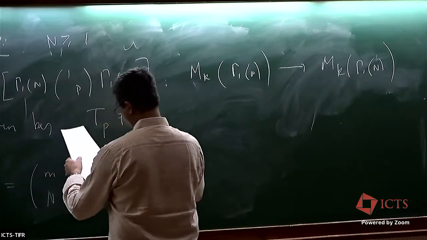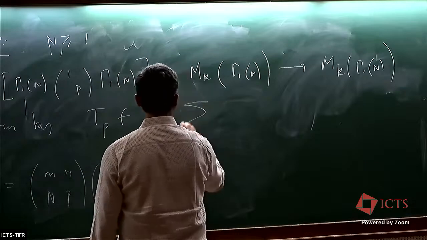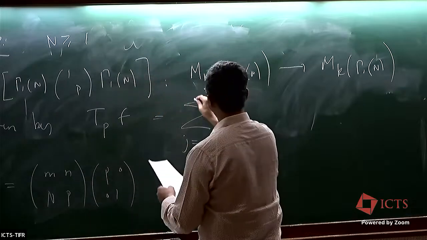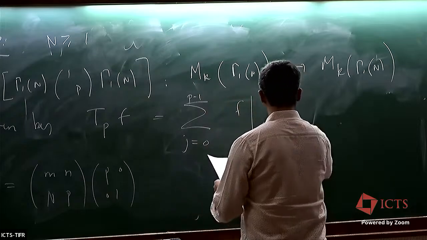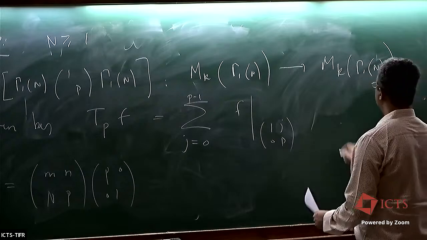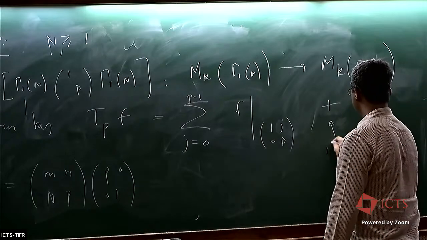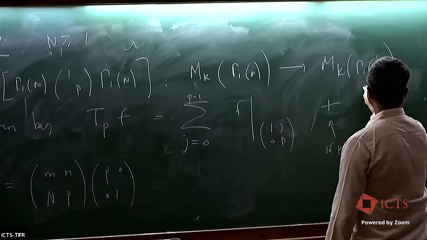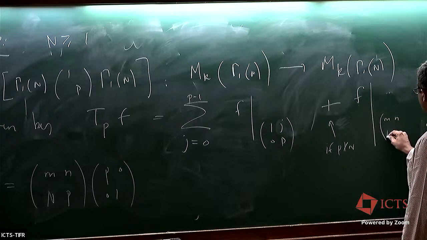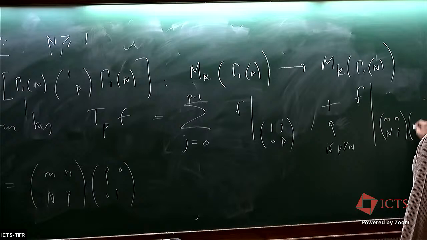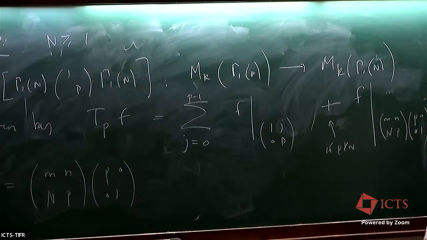TP of f is equal to the sum from j equals 0 to p minus 1 of f slash 1j0p, right? We just slash by the coset representatives, plus possibly another term. This term is only there if P does not divide N: f slash the matrix MPNNP and P001. Okay, so this is the explicit formula for the Hecke operator.